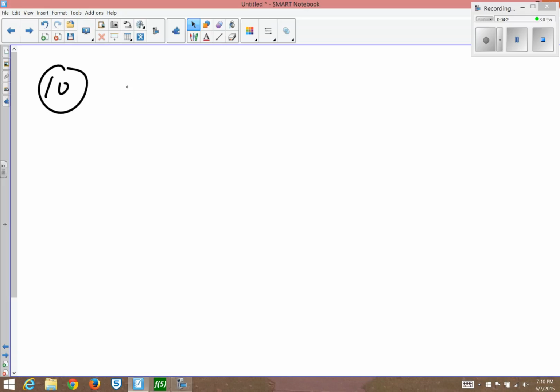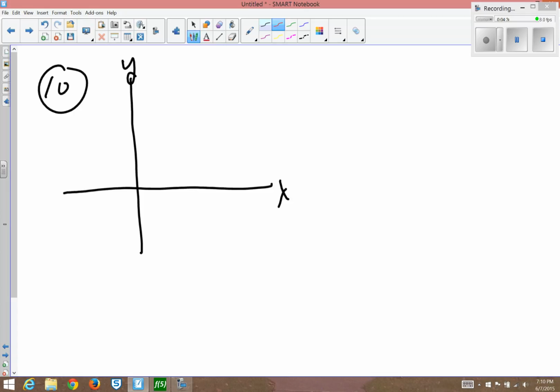Number 10, we are given a graph that looks like this. It's important to see that the graph contains the point 2, 0, and it's a decreasing function, and also appears to be concave up.